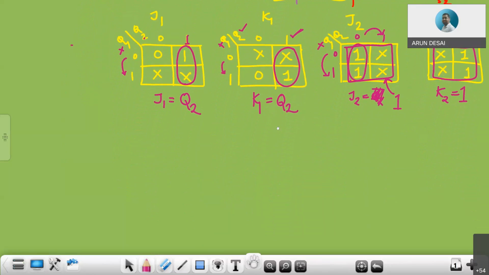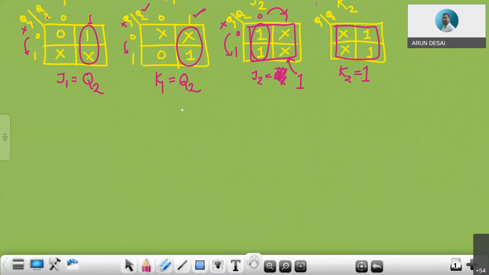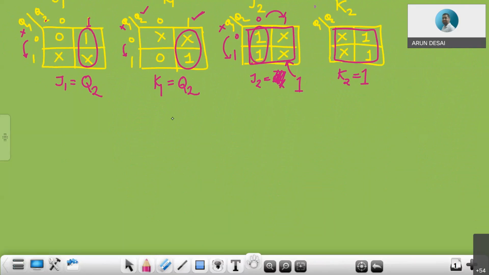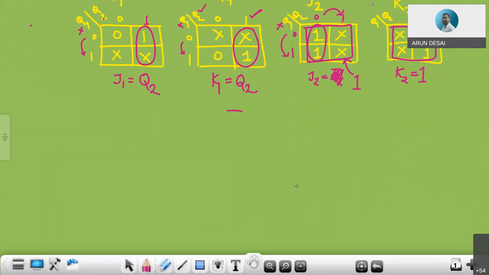So next step: now we have the 4 inputs with us.